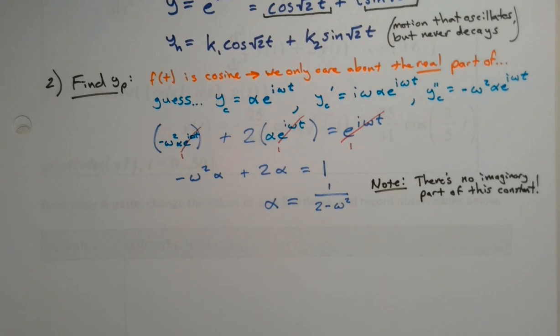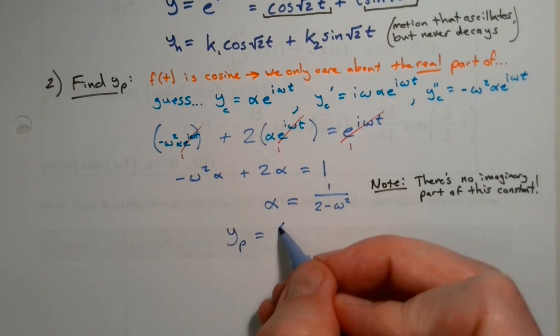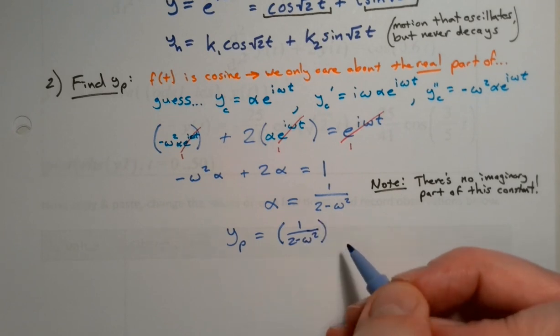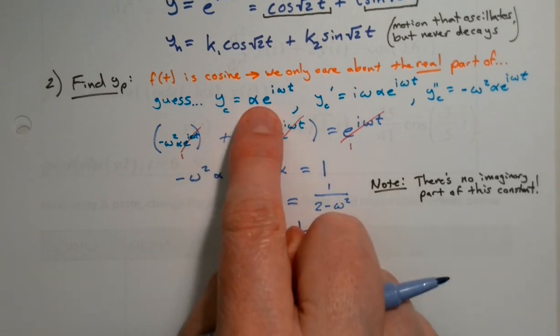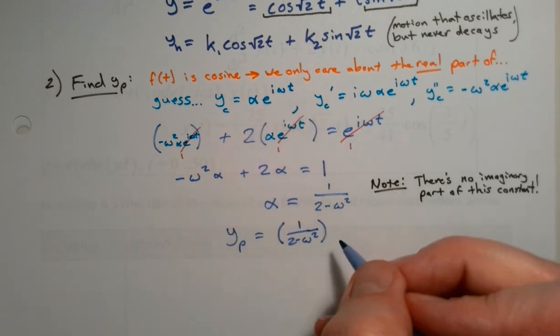So it seems like all I'd need to do if I want to continue is say, okay, that means that my particular solution is going to look like this. It's the alpha, this thing, times e to the i omega t.